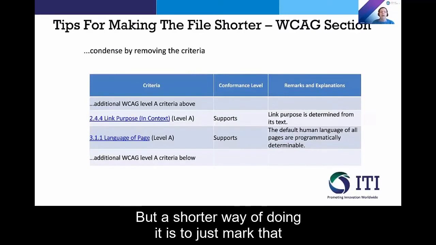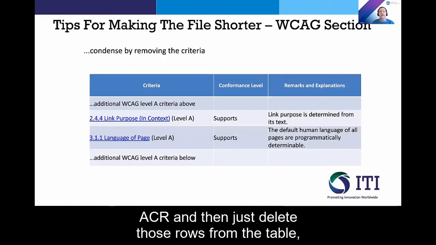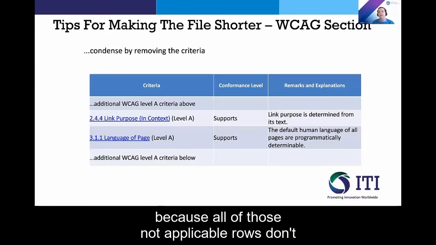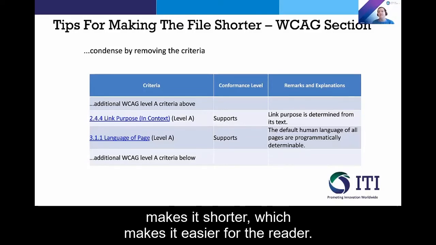But a shorter way of doing it is to just mark that WCAG 2.0 was tested and not 2.1 at the top of the ACR, and then just delete those rows from the table, because all of those not applicable rows don't really add a ton of value to the reader, and that makes it shorter, which makes it easier for the reader.